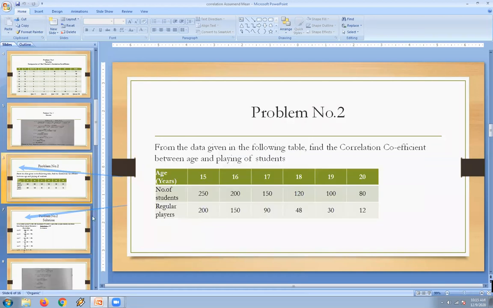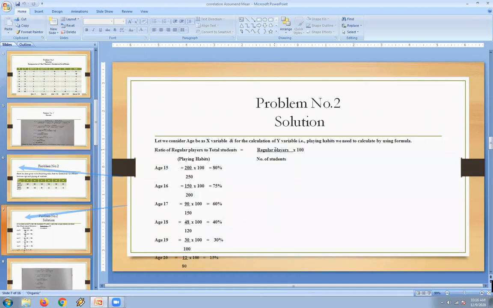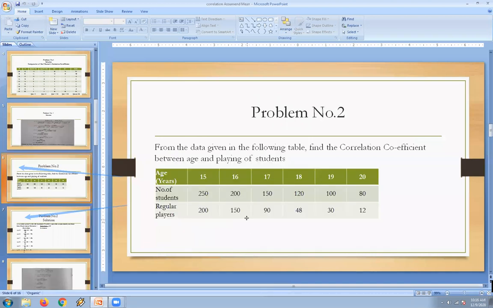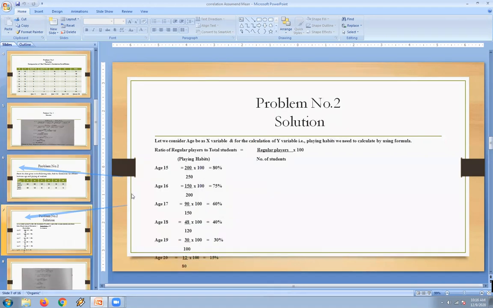They have very clearly given 250 students and 200 regular players. Regular players are 200 divided by 250 into 100, so 80% have the playing habit. For the age of 16, regular players divided by number of students: 150 divided by 200 into 100, it is 75%.